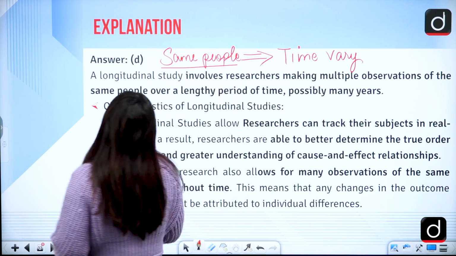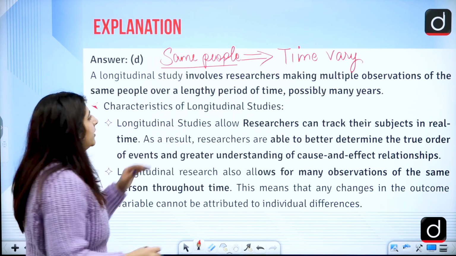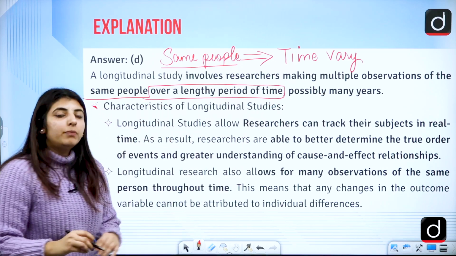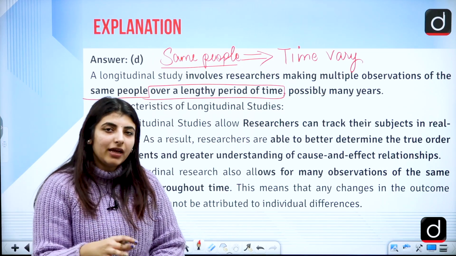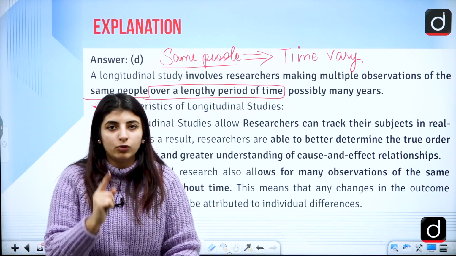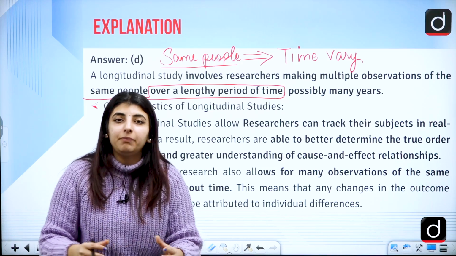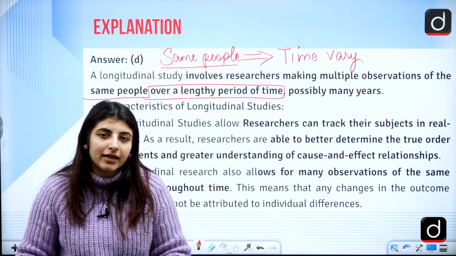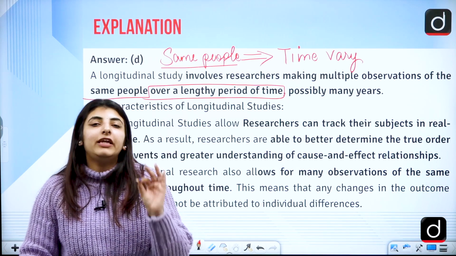That is same people over a lengthy period of time, and its opposite will be cross-sectional, where we deal with many people but at one point of time only, correct? If I ordered pizzas and I'm asking people only at one point of time how they liked it, I am gathering data only once.